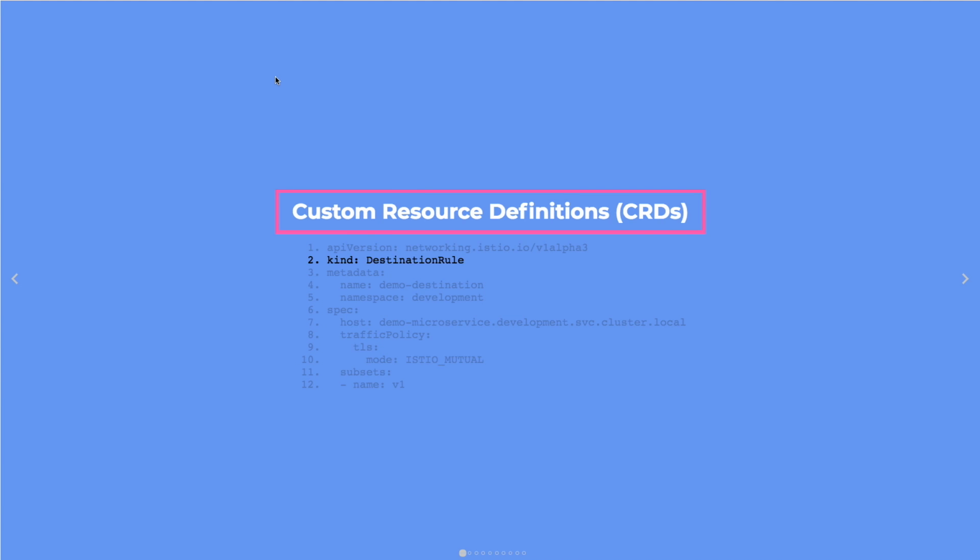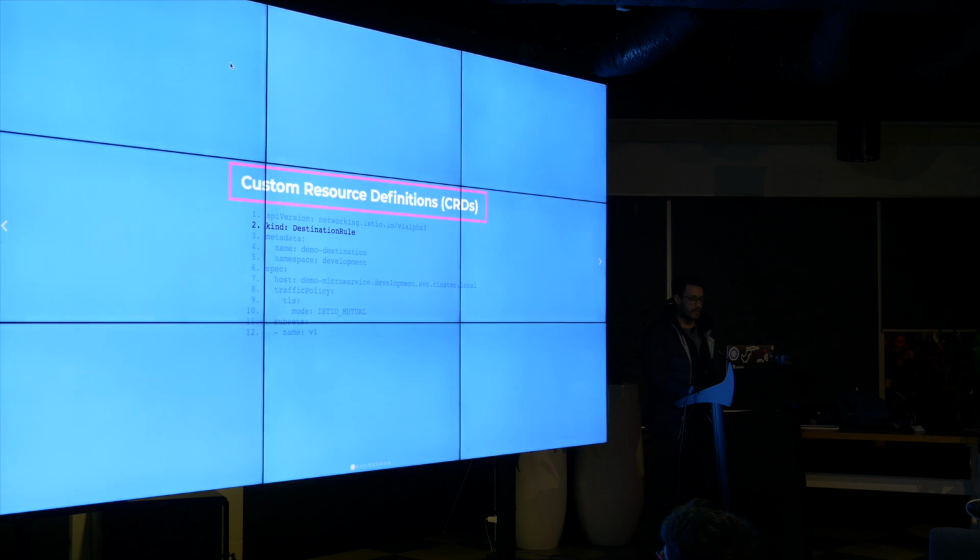And what that has introduced is a new set of CRDs. Custom resource definitions are the ways you represent a more bespoke way of interacting with Kubernetes. And so what Istio is doing is consuming these CRDs and translating that into policy that exists within the control plane as well as the sidecar Envoy proxies.